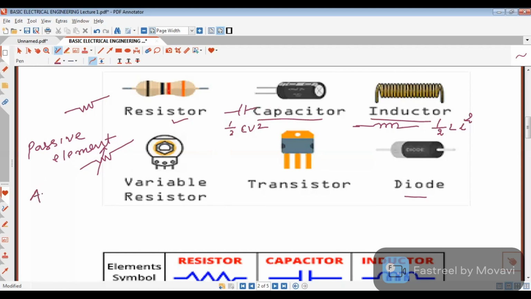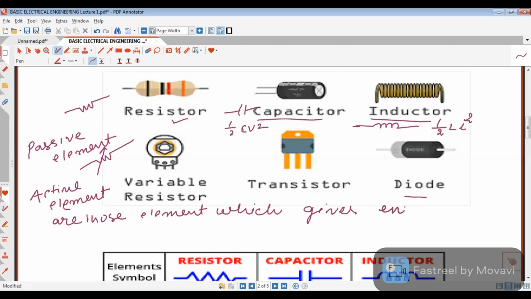And active elements are also a part. Active elements are those elements which give energy, like a voltage source and a current source, meaning they give energy, not take energy and waste it. It is just supplying the energy.